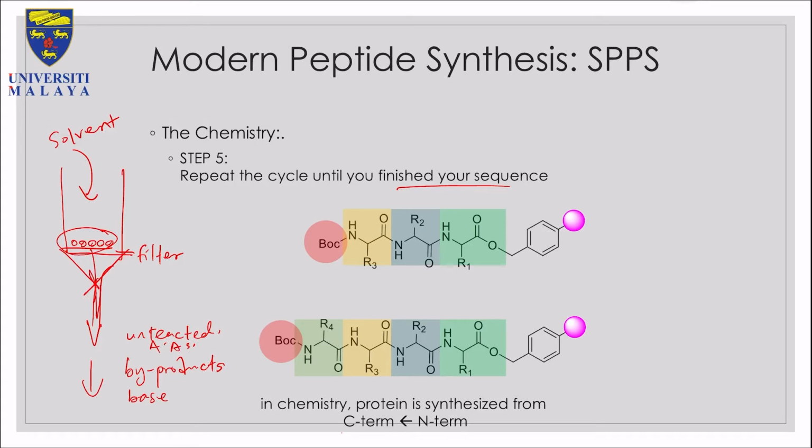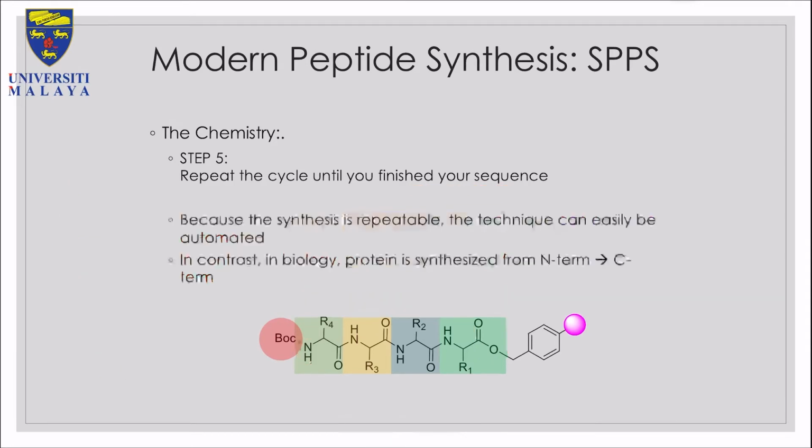Okay, so protein is synthesized from C terminal to N terminal. So that one is the C terminal over there, and then that one is the N terminal. Okay, C to N. Right. So because the synthesis is repeatable, the technique can easily be automated.